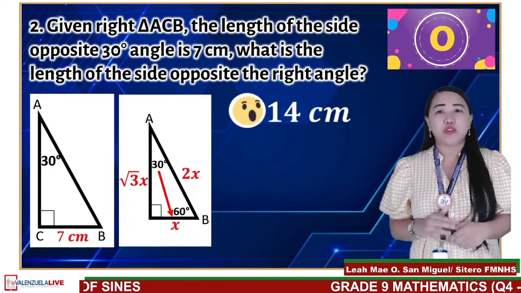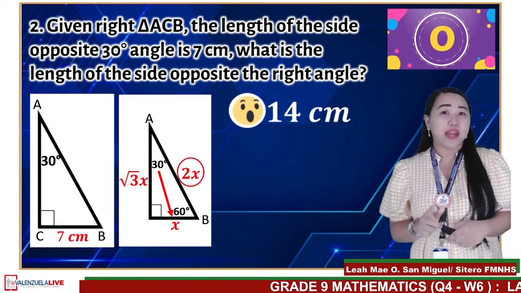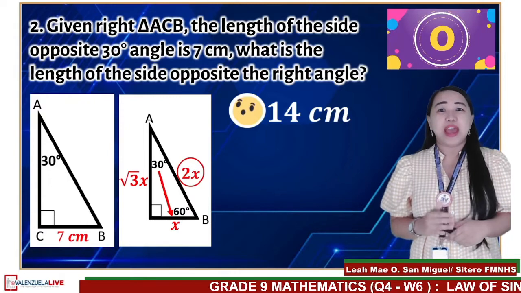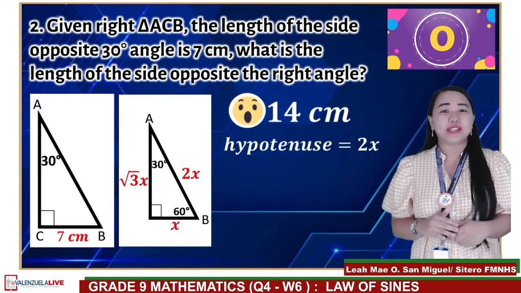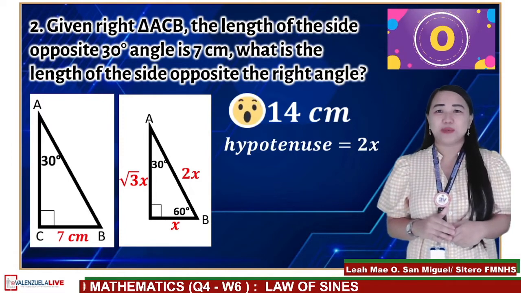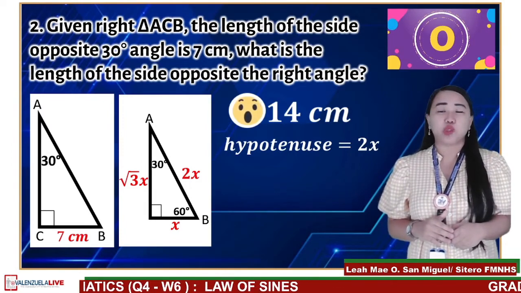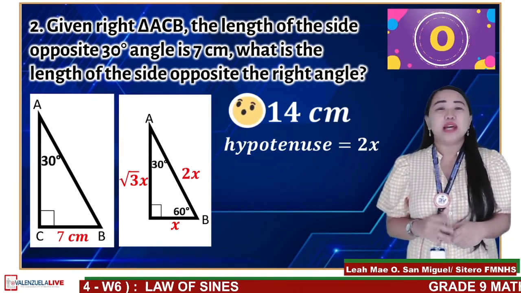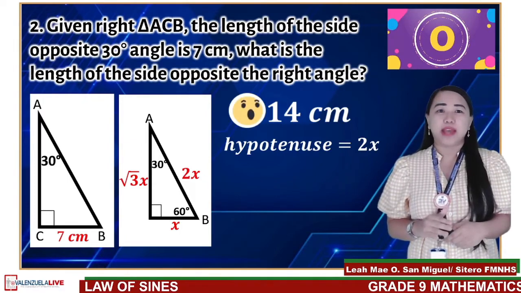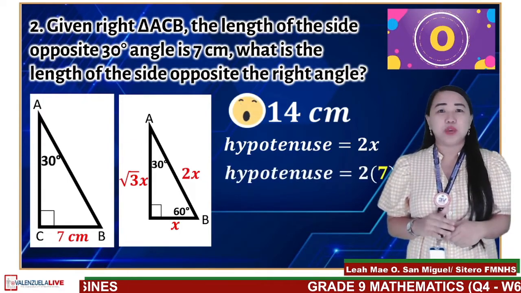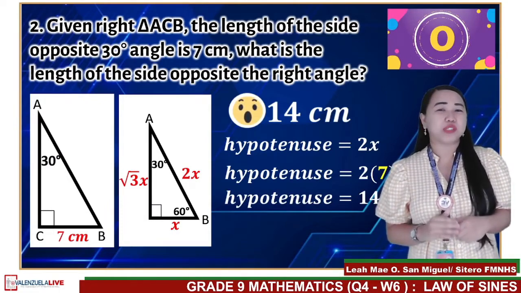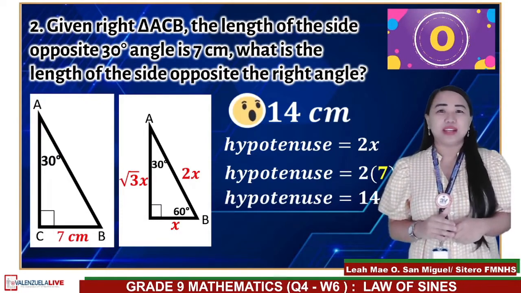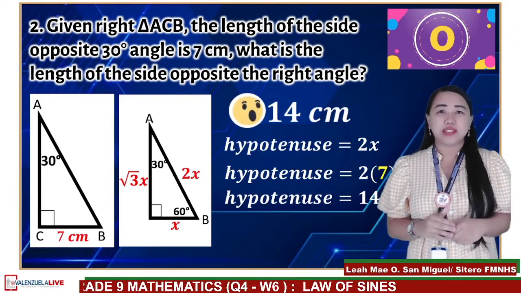The length of the hypotenuse is twice the shortest side. Hence, we can say that hypotenuse is equal to 2x. Since the length of the shortest side is 7, substitute it for x and simplify it, we get 14. Therefore, the length of the side opposite the right angle is 14 centimeters.